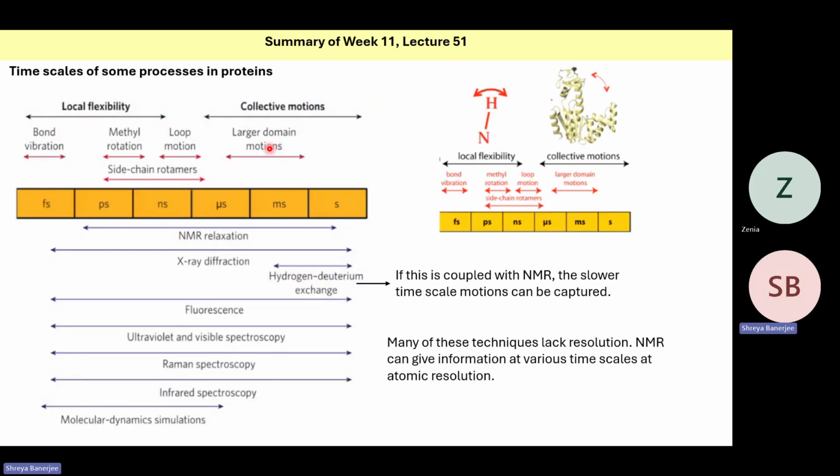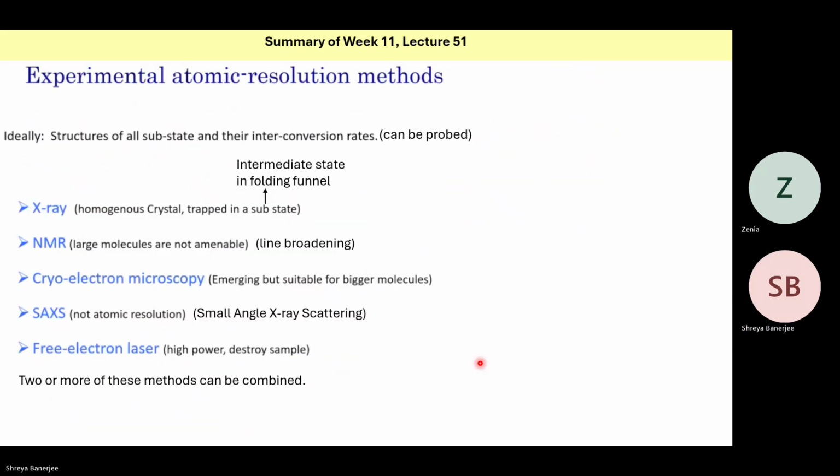And sometimes NMR spectroscopy is coupled with hydrogen deuterium exchange experiments to capture the slower time scale motions. Now, the problem is the other methods like fluorescence, UV vis, they do not have as much resolution as NMR. So NMR can not only give an idea about the time scale of these motions, but it can do so at an atomic resolution. And that is the advantage of the NMR.